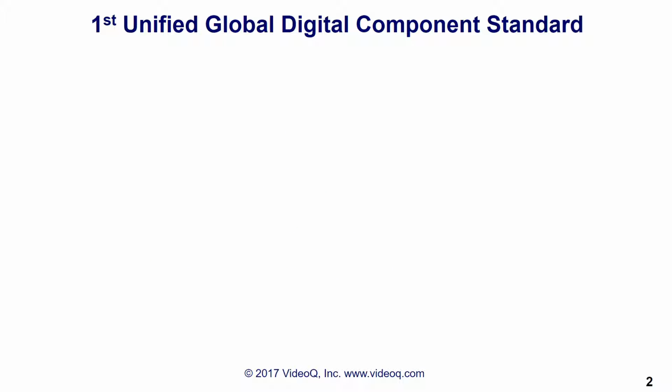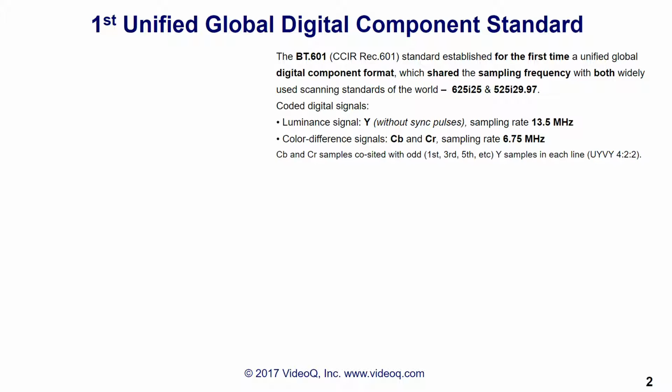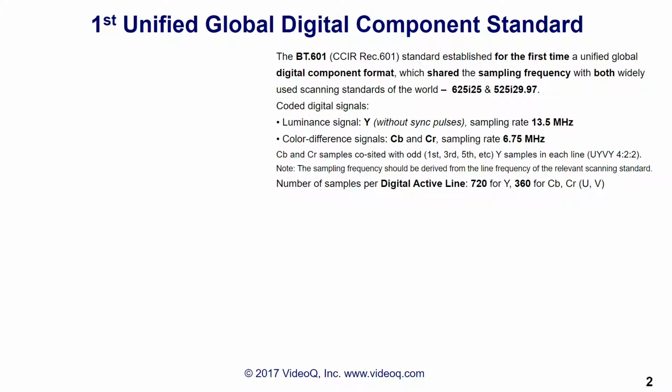The BT601, or CCIR Recommendation 601, standard established for the first time a unified global digital component format, which shared the sampling frequency with both widely used scanning standards of the world, 625I25 and 525I29.97.